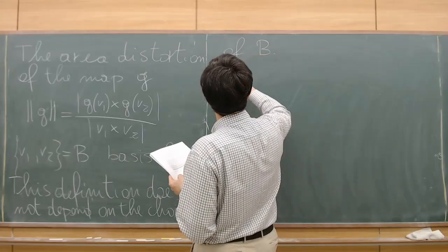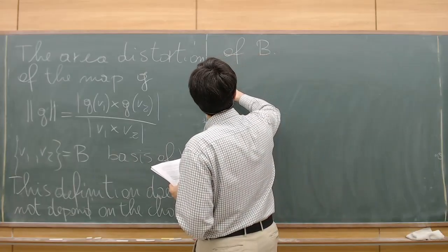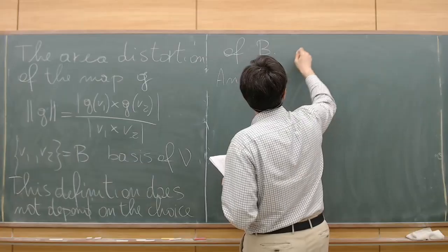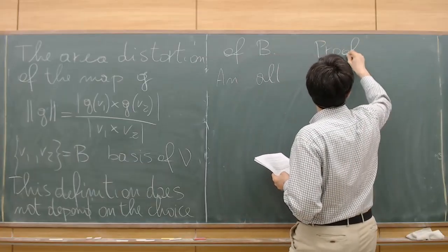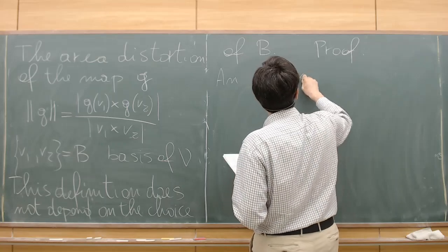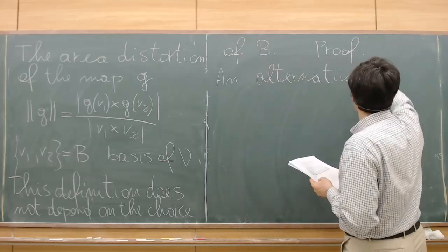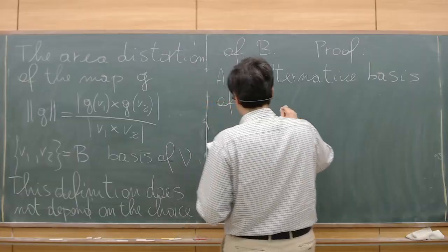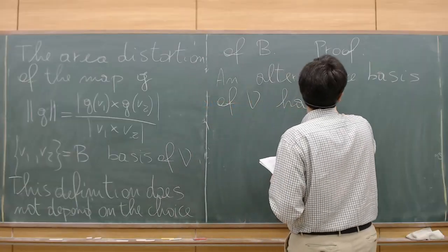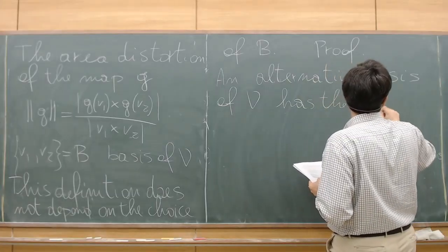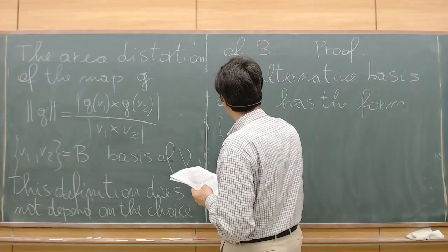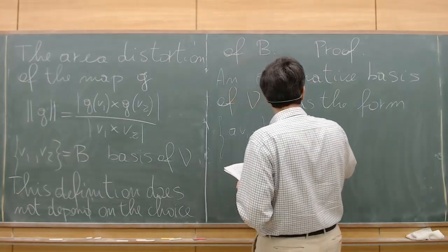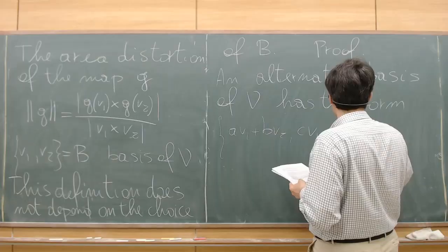So let's choose, so proof, an alternative basis of nu of the form A V1 plus B V2, C V1 plus D V2.